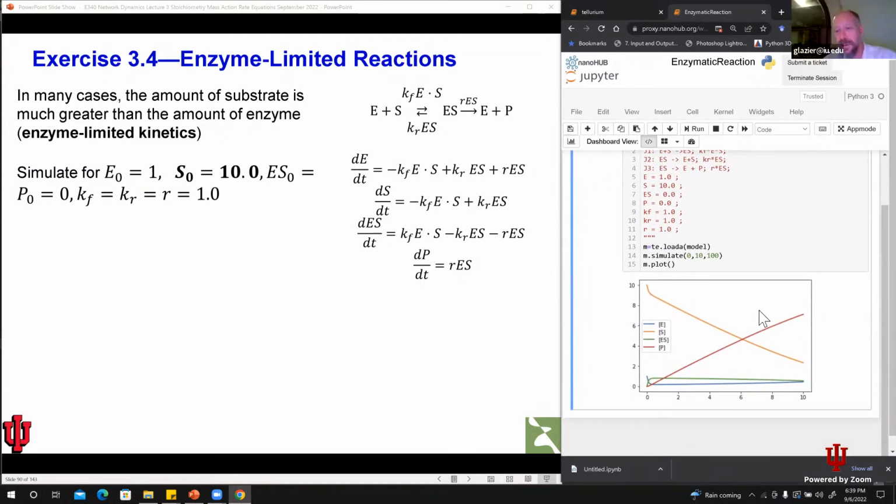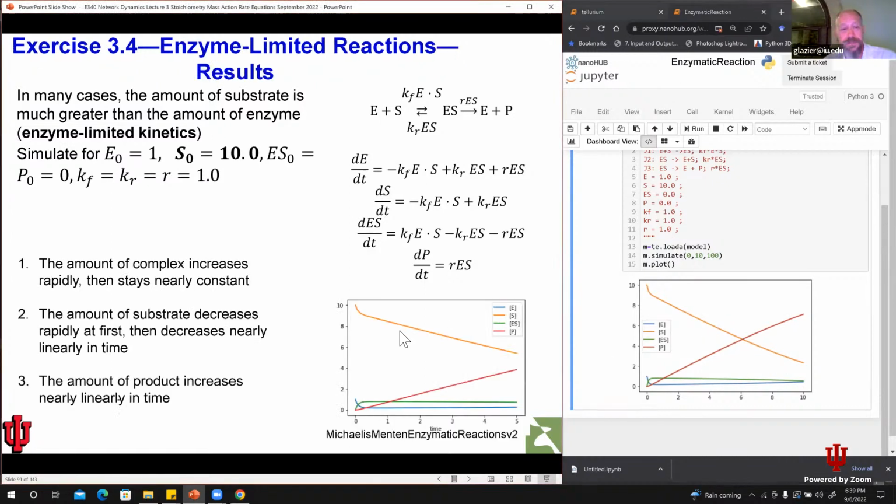Notice that now the rate at which I get product increases almost constantly in time. I see a very rapid formation of complex, and then I have an almost constant amount of complex, which goes down a little bit as time goes on. The rate of production of product is almost constant. The rate of decrease of substrate is almost constant.